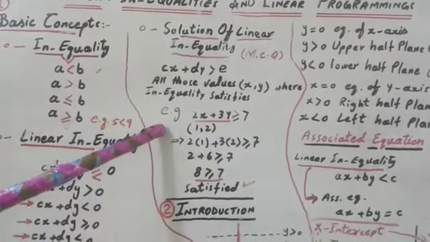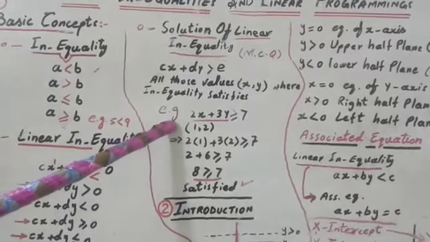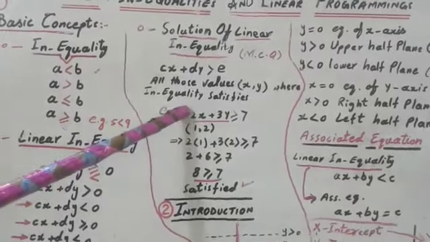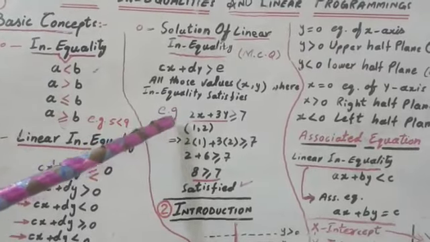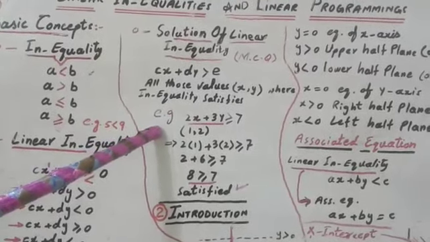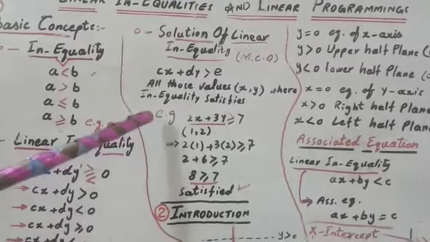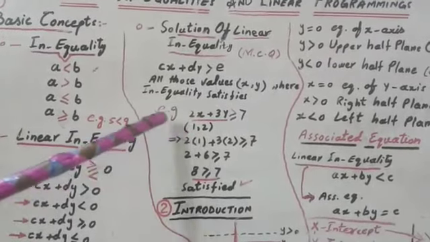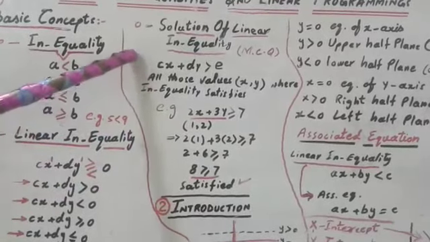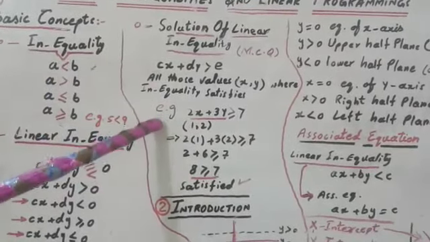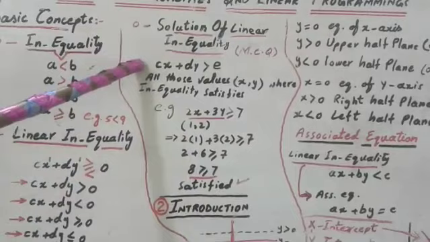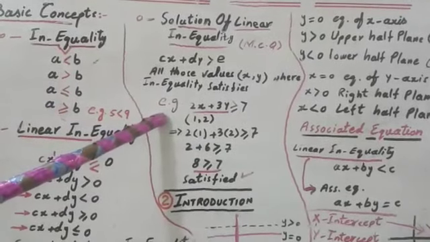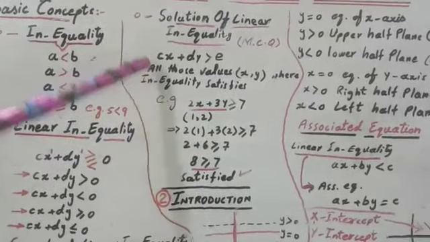So all those values of x and y which satisfy this expression are known as the solution of this linear inequality. In MCQs, different values of x and y are given in options A, B, C, D. Put all values one by one in the given expression. The values which satisfy the given expression are the solution of that linear inequality.